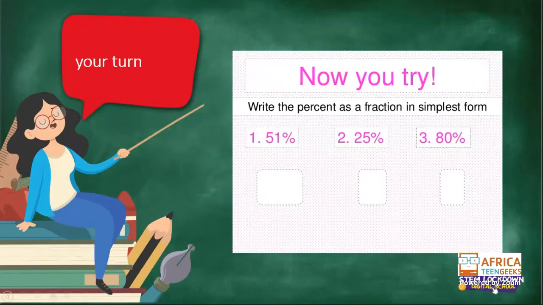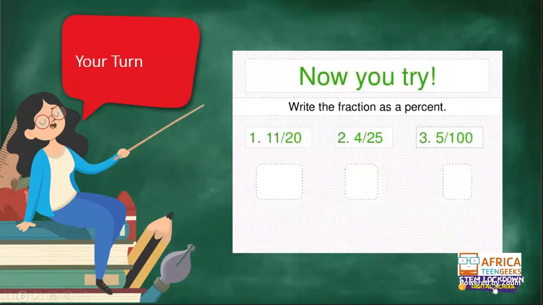Right, let's move on to our next slide. All right, so here you are writing the fraction as a percentage. You have for number 1, 11 over 20, and number 2, 4 over 25.